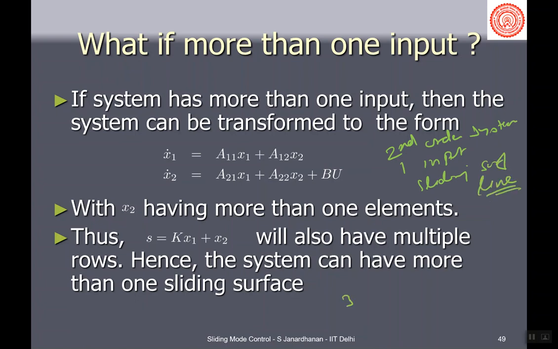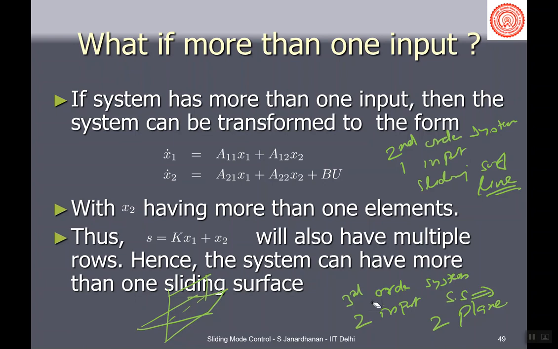If you have a third order system and one input, this sliding surface would be a plane. If you have a third order system with two inputs, you will have two planes, and eventually the sliding surface is two intersecting planes.